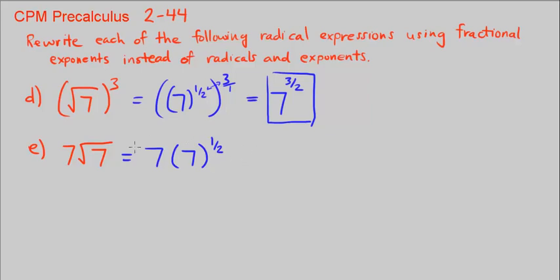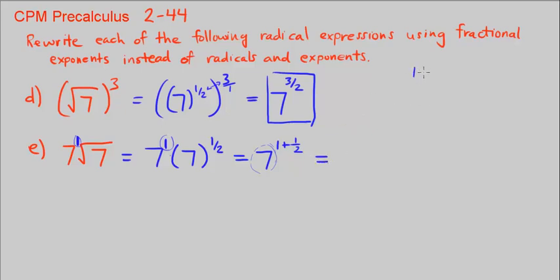Well, here you have to remember 7 without a power has an implicit 1 there. So we have 7 to the power of 1 times 7 to the power of 1/2. And when we have the same base and different exponents, we don't multiply, but we add those exponents. So we're adding 1 plus 1/2 to the same common base.